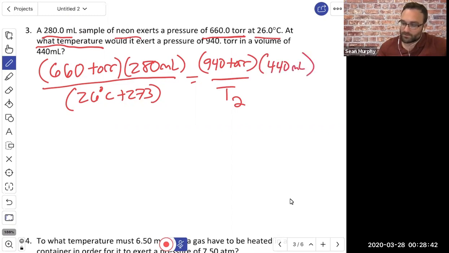All right, so think about it for a second. The pressure went from 660 to 940. Pressure went up, okay? Gas molecules are pressing on the container more frequently. In addition to that, the volume got bigger.